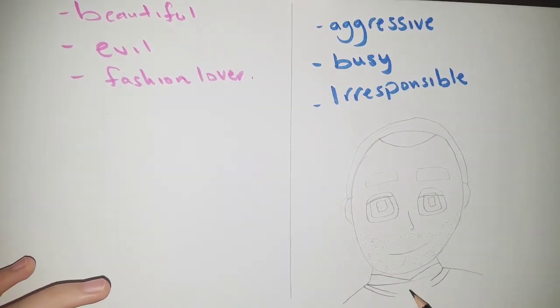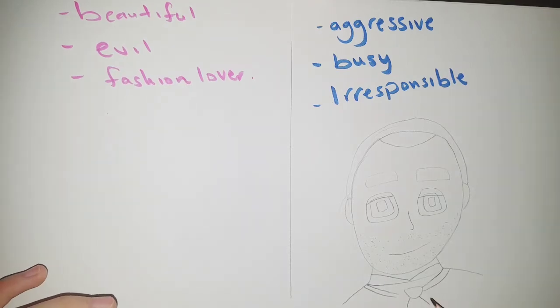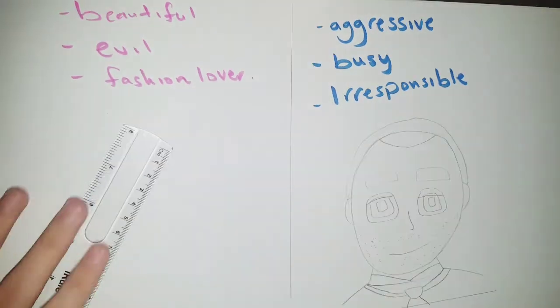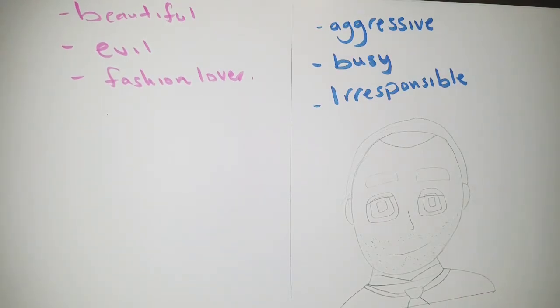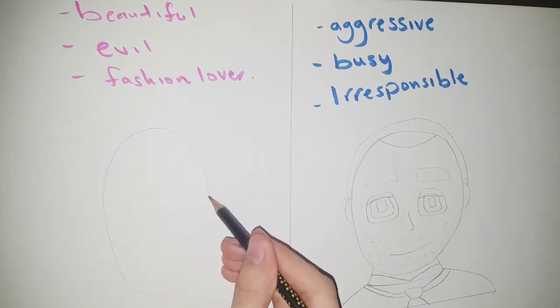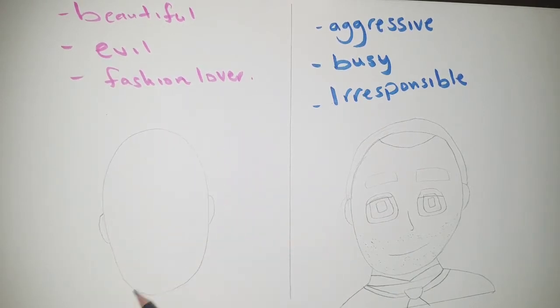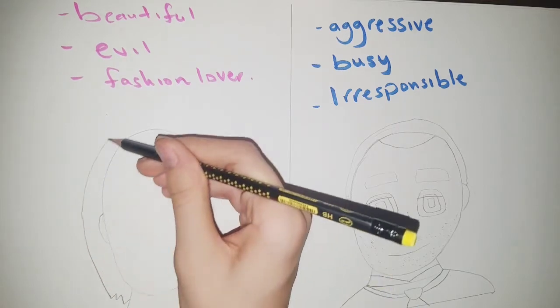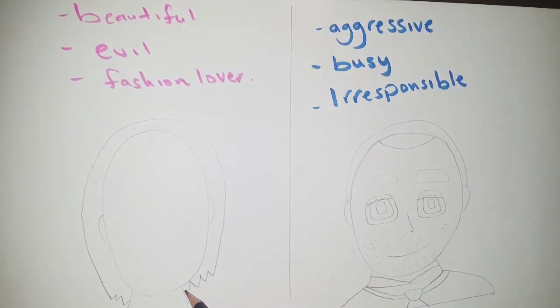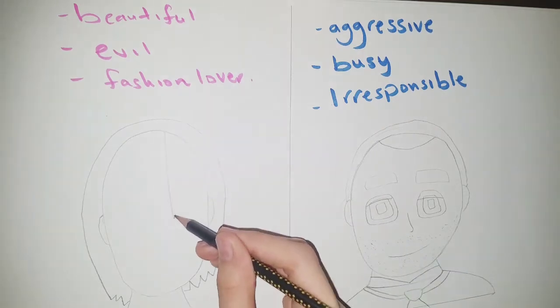So the first thing I want to give him is this irresponsible style. Like, he's so busy, he's so tired, he wants to sleep, and he's lazy, doesn't want to make a timetable, he just wants to be busy all the time. Well, this girl is a fashion lover, but she is evil, so I give her this evil fashion style.